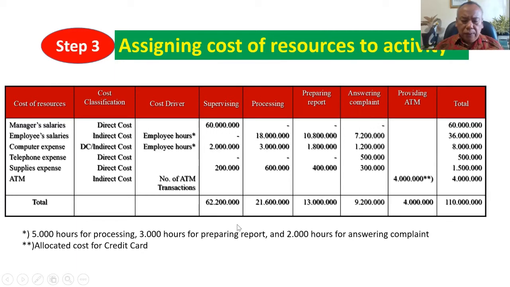We need to allocate this cost to the primary activities. Primary activities in this case are processing, preparing report, answering complaint, and providing ATM, because these activities are performed for the end product.